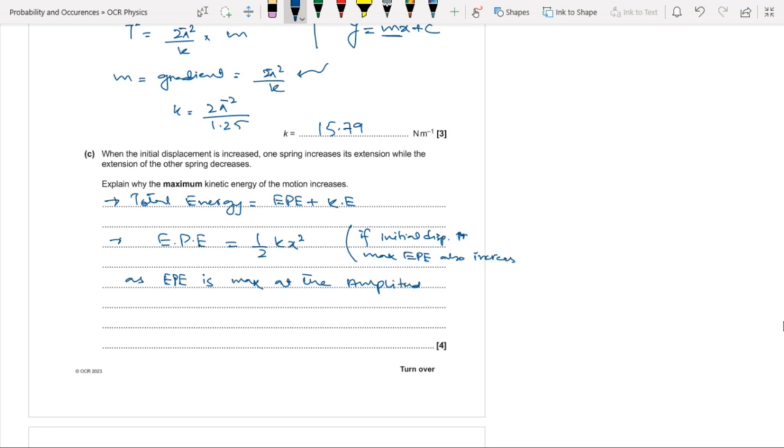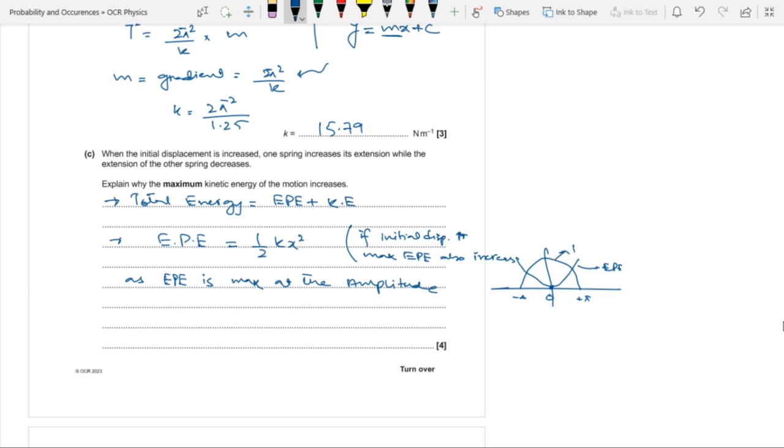Also, we have seen this figure where we see two inverted parabolas, and we see the displacement, that is minus amplitude, plus amplitude, and the zero. We know that at this point EPE is minimum. This curve was for EPE, and this curve was for kinetic energy.